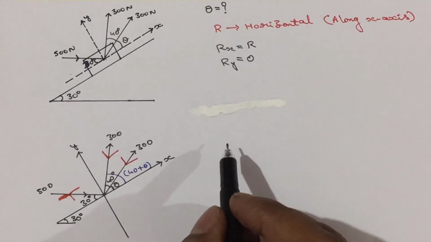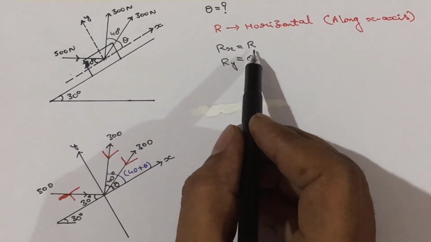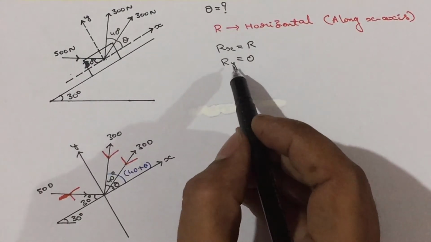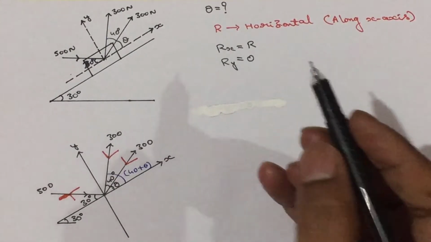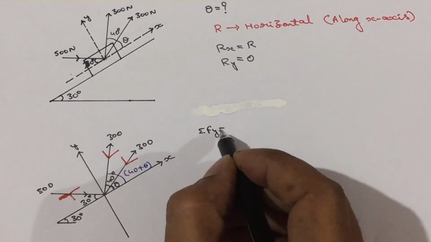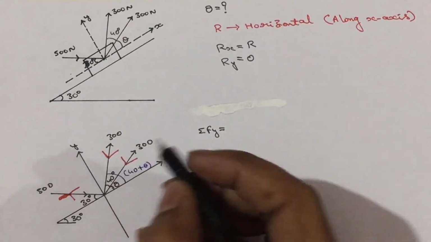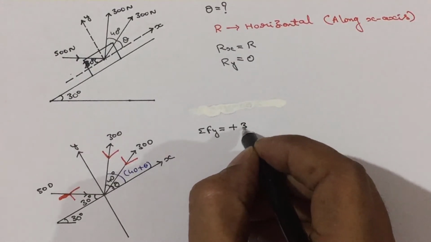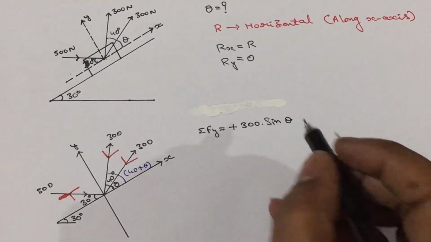Next we need to go for sigma Fx and sigma Fy, but here sigma Fx is equal to R, but we do not want the R value, we need theta. So, take the second equation where Ry is equal to 0, Ry is equal to sigma Fy. So, let us calculate sigma Fy, only the vertical components. Horizontal component leave it, vertical component moving upward, plus, component is F sin theta, that is 300 into sine of horizontal angle theta.